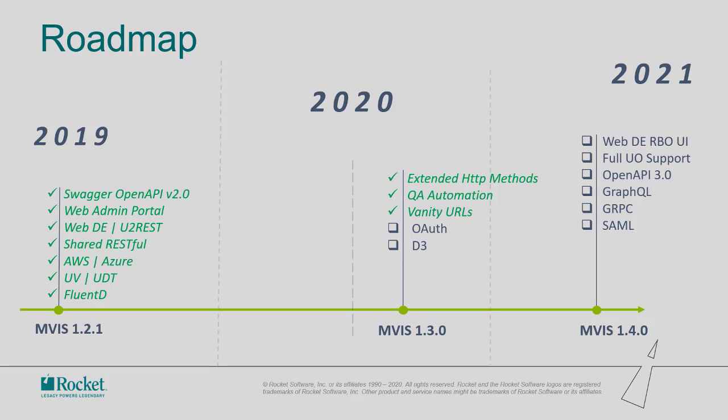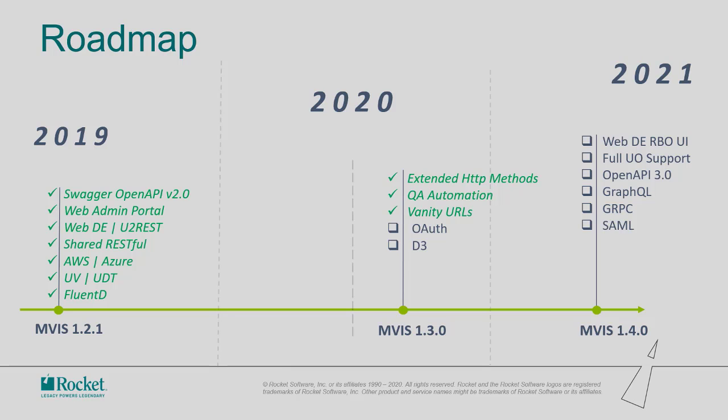It also included shared RESTful services, so in case you wanted to use RESTful services across multiple servers, you could use those shared definitions. We also certified it with AWS, Azure, and Kubernetes from an orchestrator perspective. It does work on UV, and it does work on UDT as well, so Universe and Unidata servers are supported. And we integrated FluentD for additional enhanced performance monitoring integrations with your third-party monitoring solutions.